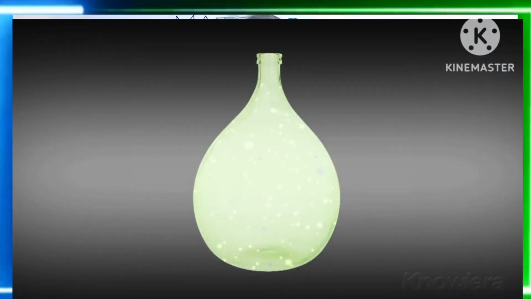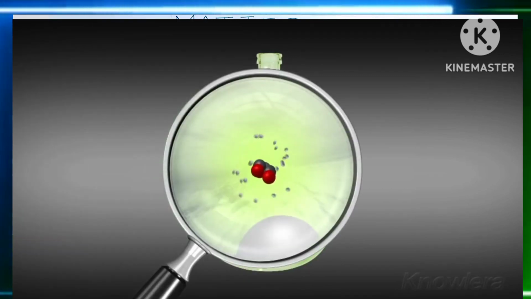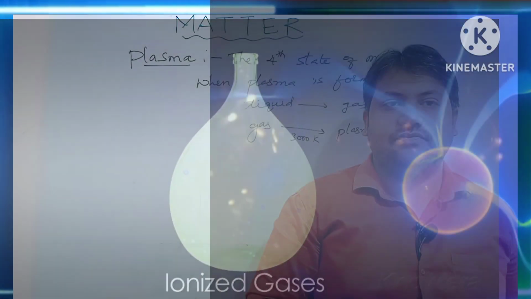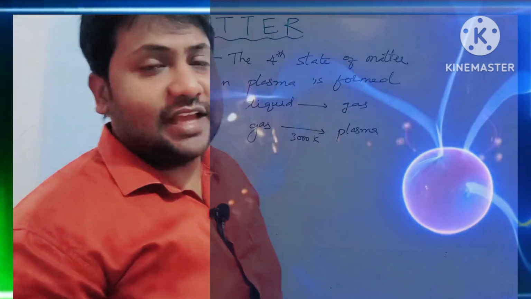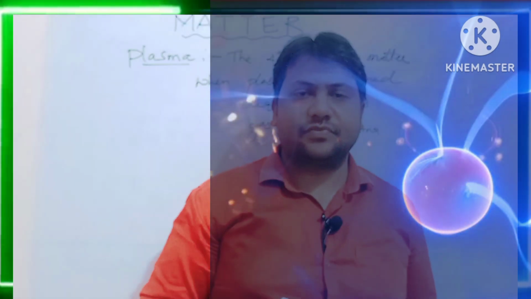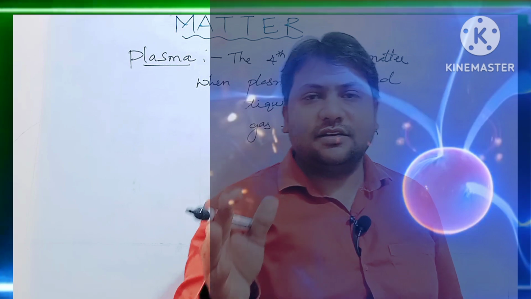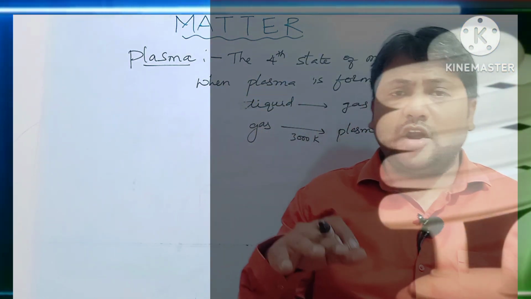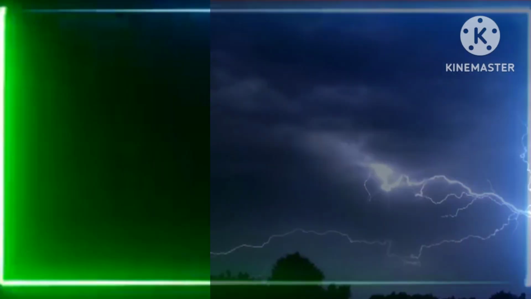I can also define it in some other way, that is, it is a soup of positively charged particles and also negatively charged particles. Right? So, examples for plasma are lightning and the gases present in neon and fluorescent lamps.